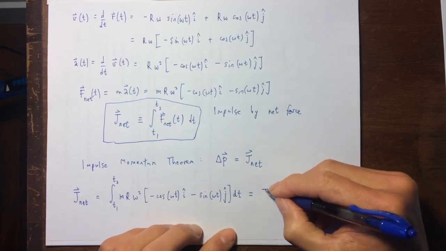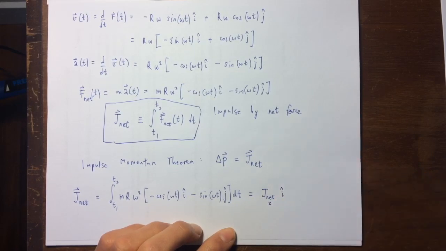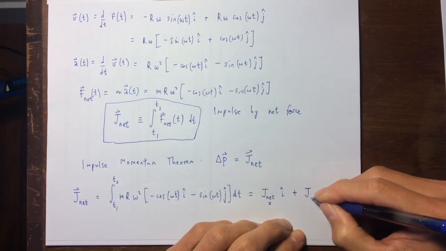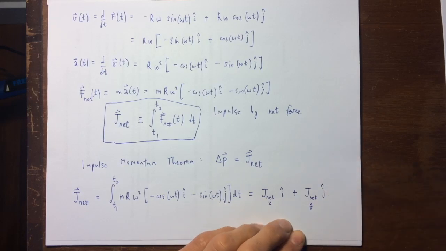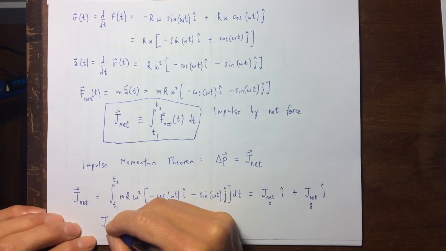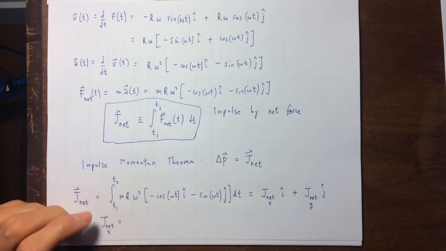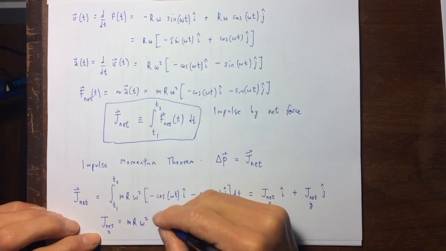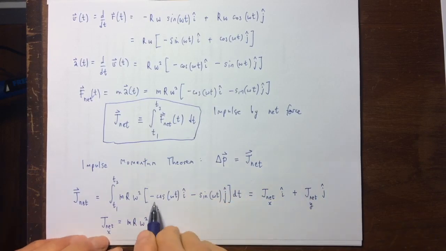So I'm going to say that there is a net impulse all in the x direction that multiplies the i hat, plus a net impulse in the y direction that multiplies the j hat, where the net impulse in the x direction is equal to, I just have to look at everything in the x direction except for the i hat. So it is m r omega squared integral t1 to t2.